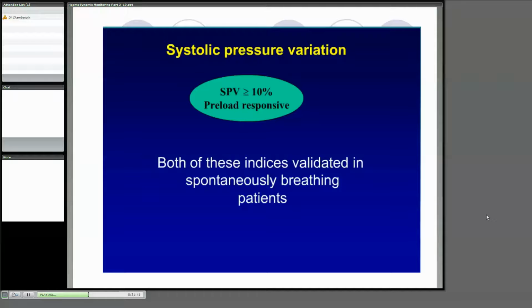One thing about systolic pressure variation is, if someone is well perfused to the fingers, and mainly that would be someone who's got sepsis, because with other types of shock they'd be cold and your pulse oximetry wouldn't work, you can actually see the swing from your pulse oximetry, and if that's anything like 10%, then you know that they need some fluid. You don't even have to have them with an arterial line.